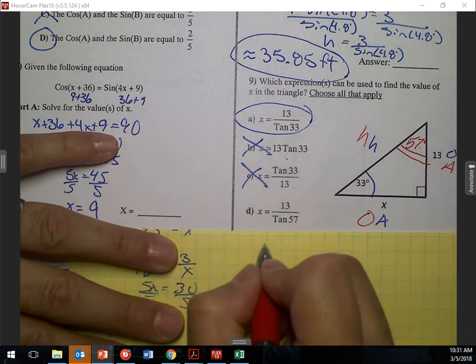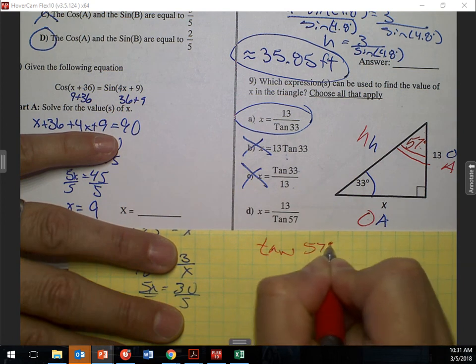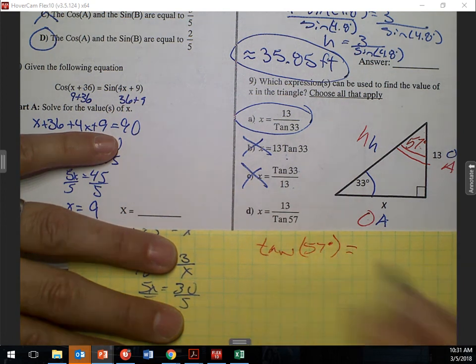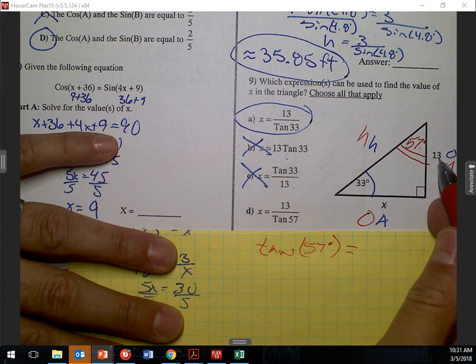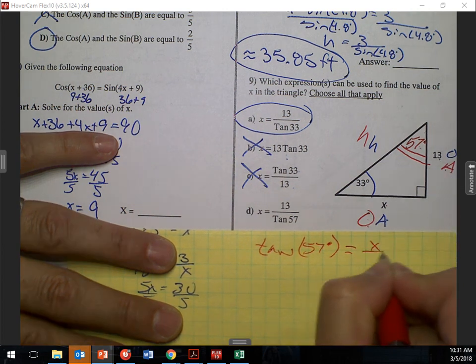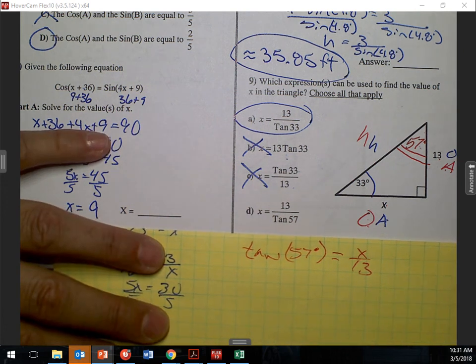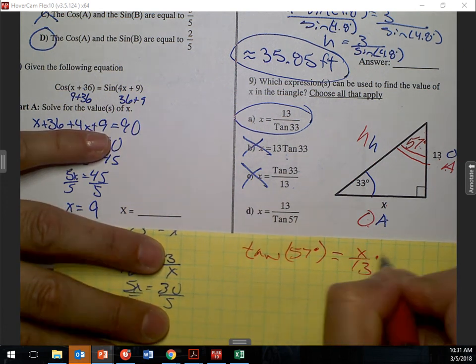There you go. So tangent of 57 degrees is equal to x over 13, opposite over adjacent. Now to solve for this, what would I do? Very good. Multiply by 13.